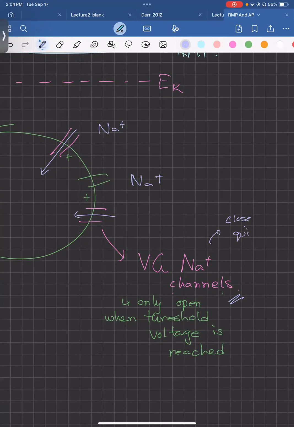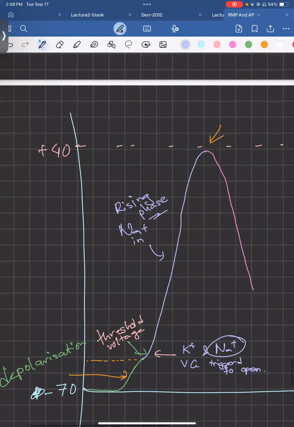So sodium channels opened, sodium got in, and made the membrane more positive, right? So it depolarized further away. And this is what we call the rising phase. That happened. Okay, cool. That's fine.